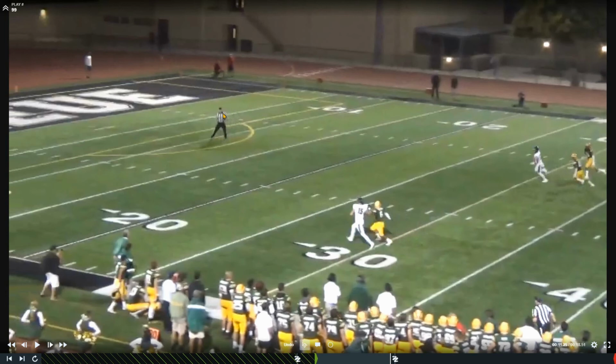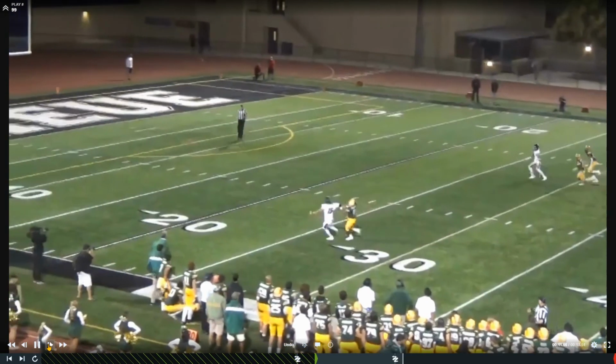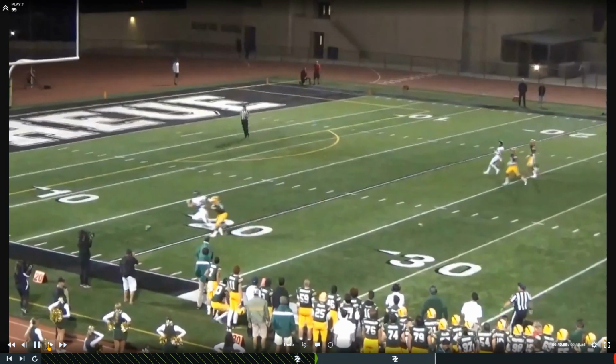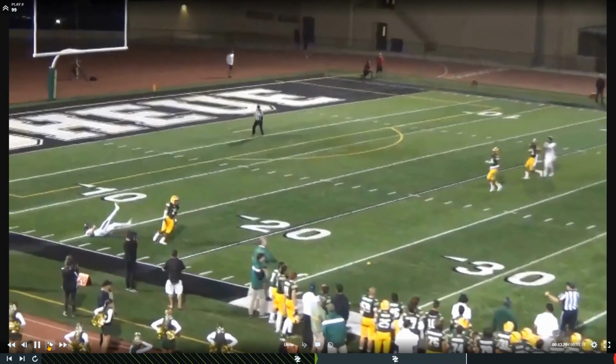The back judge has to be able to see that, and I never want to see us not throw a flag because another official throws a flag. You don't assume that official is calling DPI. He might be calling something else. Who knows? If you see DPI, throw the flag.